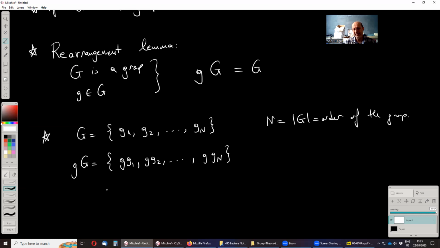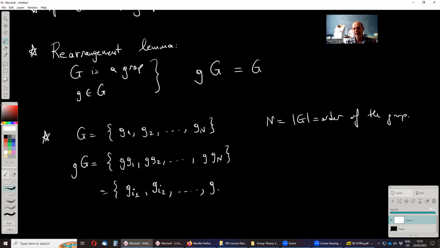What I'm saying is that this is actually some element, perhaps the ith element in here. But since I'm going to do this for every element, let's call this g_i1, right? So g multiplied with g2 is the i2th element, and so on.